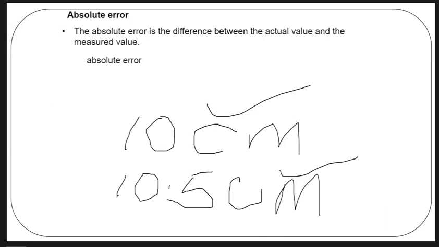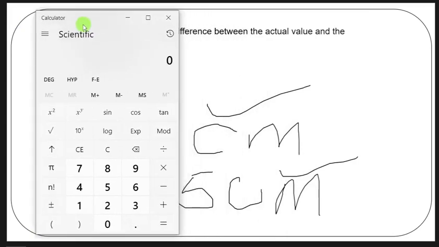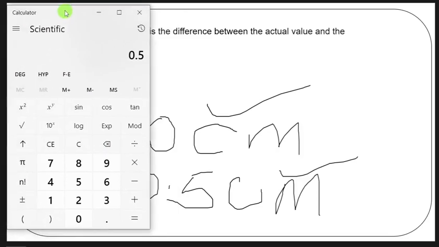So for instance, 10.5 minus 10, we'll get 0.5. This is what we got even at the beginning, when we said if we were to measure 10 centimeters, the least unit of that instrument should be 1 centimeter.